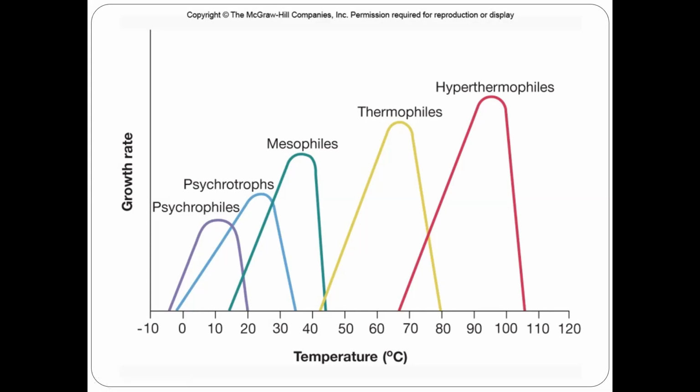Now, psychrotrophs, this group of bacteria can grow at refrigerated temperature, like Listeria monocytogenes and Pseudomonas. This causes a big problem for food safety, because people always think that putting food into the refrigerator is safe, but not really.